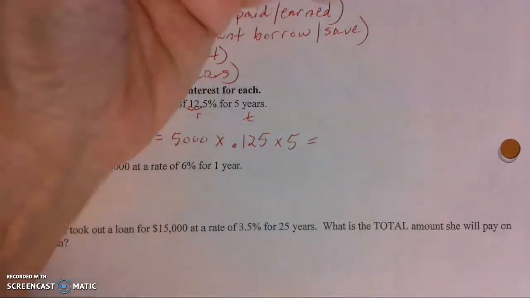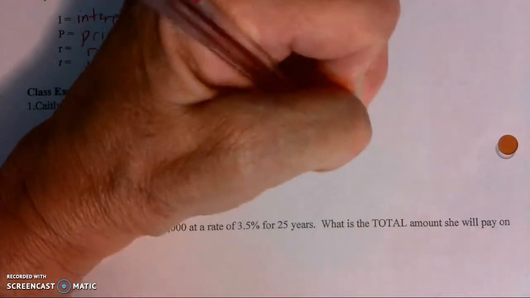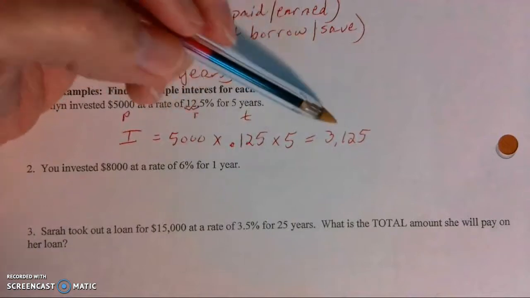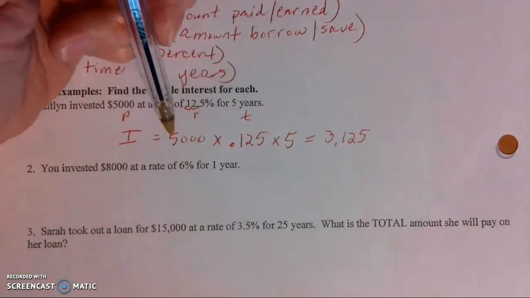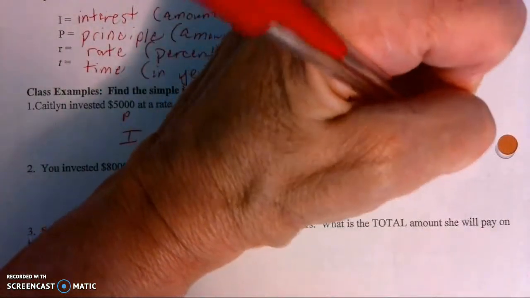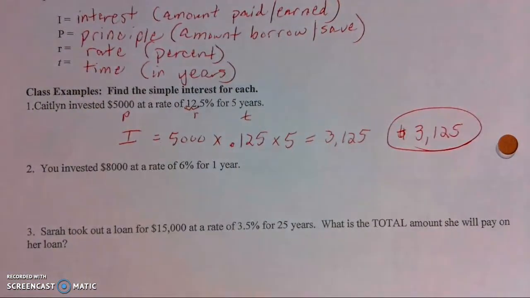Well, when you multiply that all together, you're going to find out that you get 3,125, which means that she's going to earn an additional $3,125 on that original investment that she made. So the amount of interest she earned was $3,125.